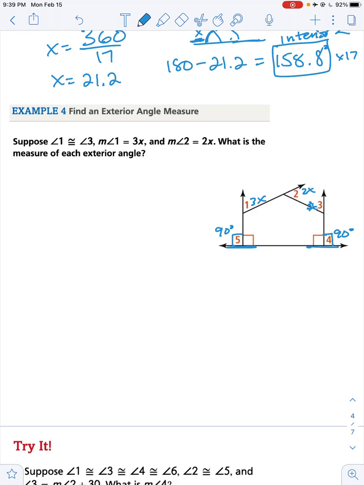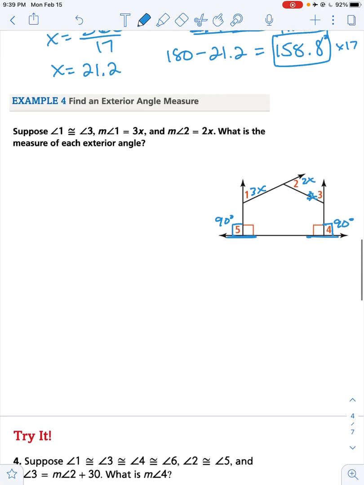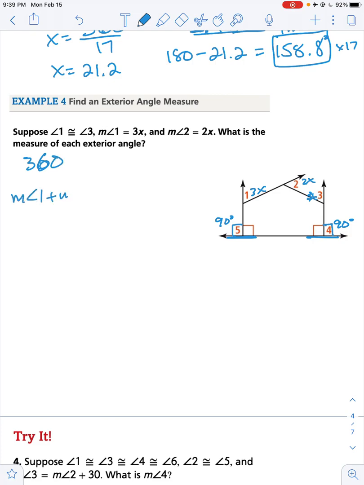So I know that the sum of the exterior angles is going to be 360, right? So the measure of angle 1 plus the measure of angle 2 plus the measure of angle 3 plus the measure of angle 4 plus the measure of angle 5 is equal to 360 because we're talking about the exterior angles, right?